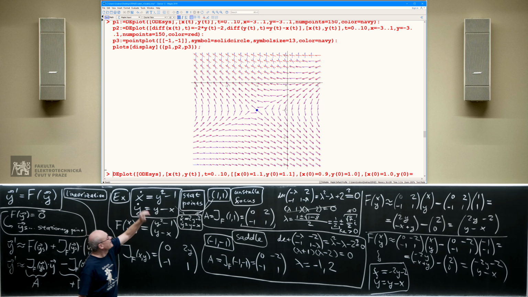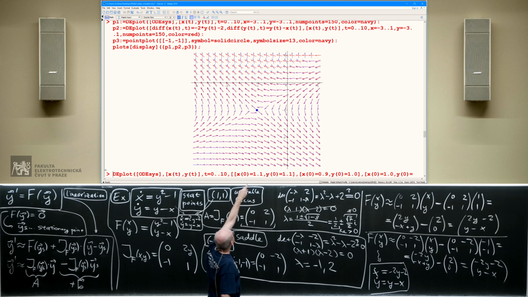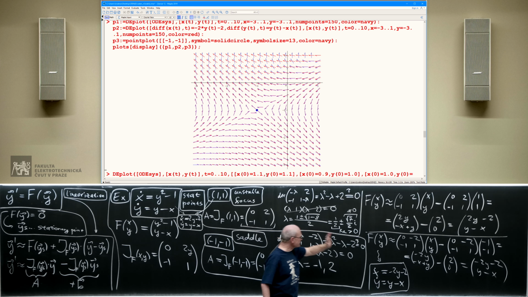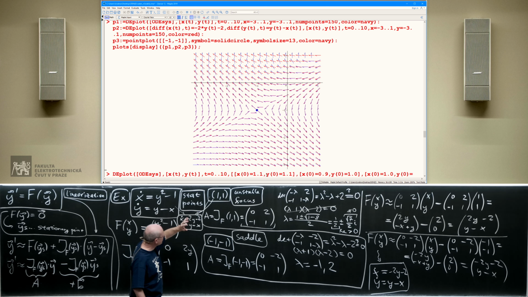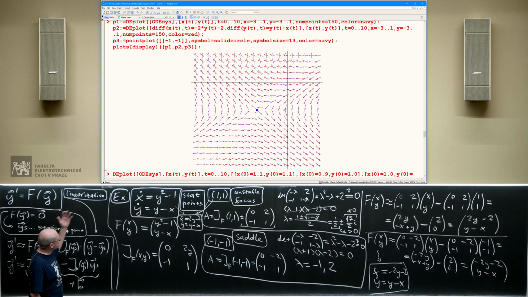This is to be expected, but if we stay close, they match perfectly. They are exactly the same arrows. So this system and the original system behave exactly the same when we are nearby (-1, -1), and it all makes sense. And that's the main message of this linearization business.